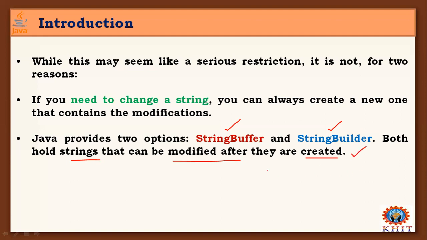Got it? So that's why we cannot feel that strings being immutable, not changeable, is a serious restriction. We can modify the string objects by using these two options: first, creating a new object of the string that contains the modifications to the existing string, and second, the two classes specifically designed for modifications of strings, that is StringBuffer and StringBuilder classes.